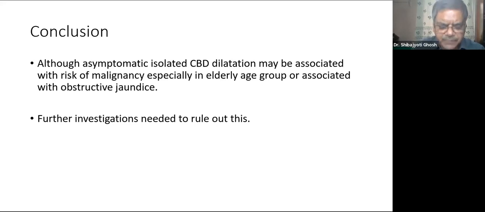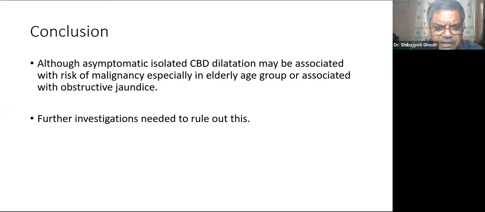Basically, a few things we'll have to consider here when you look into a patient coming to the OPD with an ultrasonography report of dilated common bile duct. Next, according to the history and clinical presentation, we'll have to decide whether we'll go for further investigation or not.